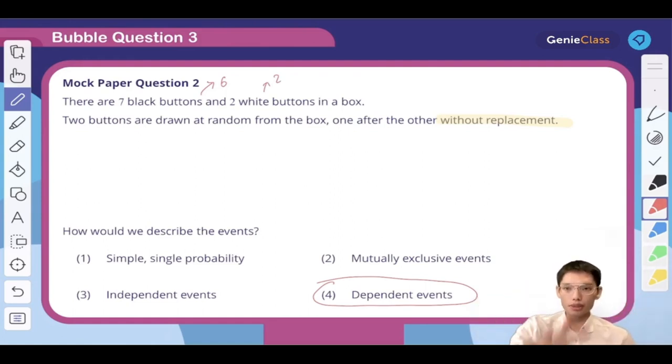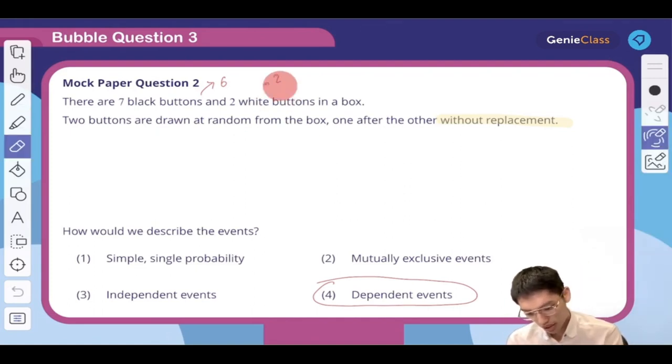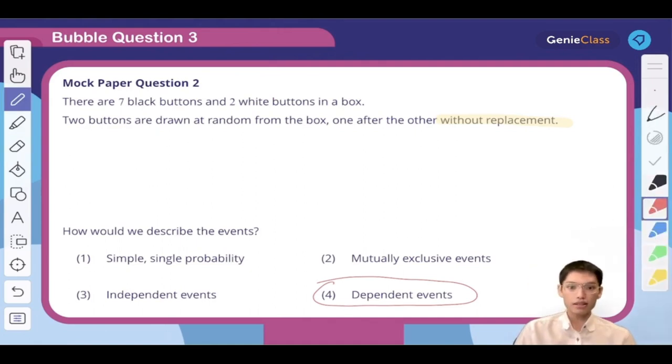Because of me picking the black button, there are fewer buttons overall, and hence if I pick a white button next, the probability is going to go up. Therefore, without replacement, we say it's dependent. I hope you are getting the notion of why this is dependent.